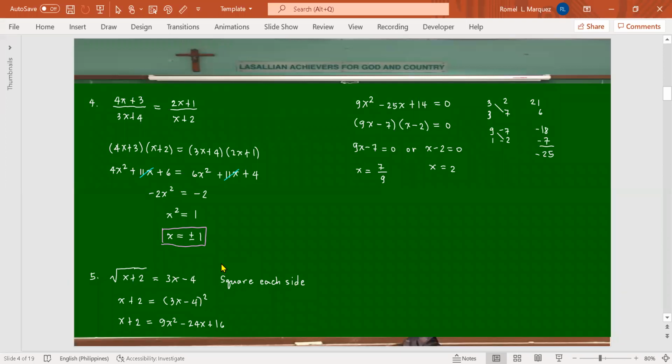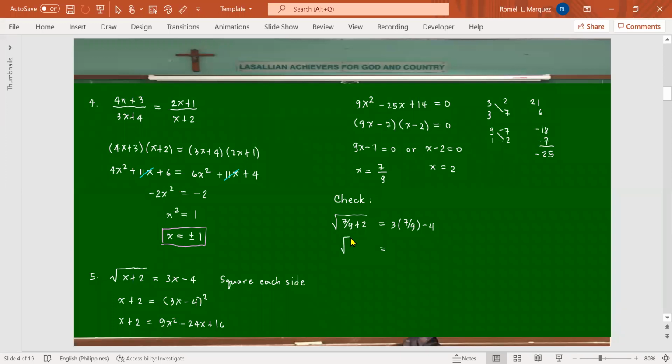What is 7 over 9 plus 2? That is 25 over 9. Square root is what? So you have to check because there is radical. So square root of 7 over 9 plus 2, then 3 times 7 over 9 minus 4. Are they equal, guys?